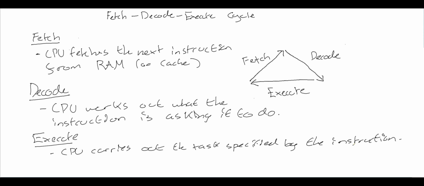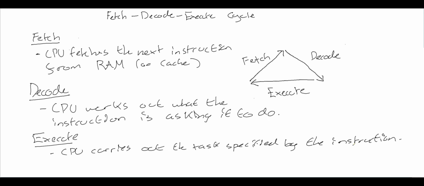So in the execute part of the cycle, the CPU carries out the task specified by the instruction, and this may involve reading some data from main memory. So the instruction might be asking it to load some data from main memory into a particular register, or it might involve storing some data in main memory. It might have to write to main memory.